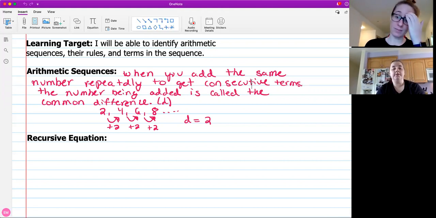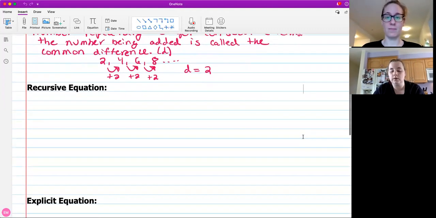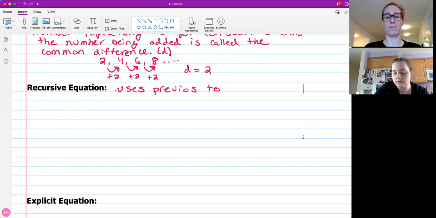Okay, so then we have 2 different equations that we use for arithmetic sequences. The first one is the recursive equation, which you guys also saw in Algebra 2, so hopefully this is a little bit of a review. The recursive equation uses the previous term to get the next term.